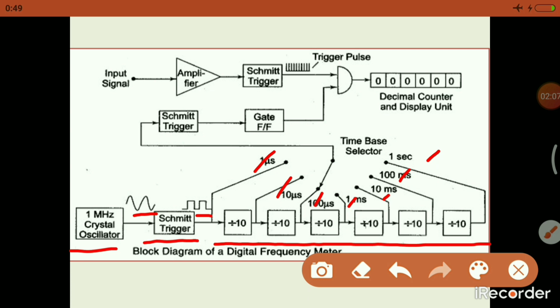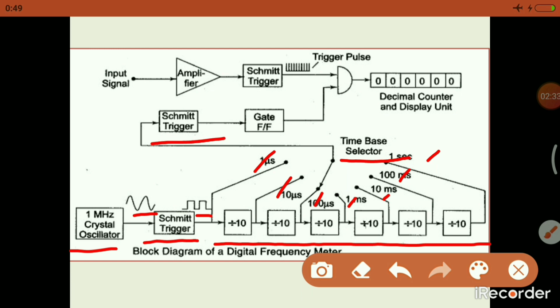If you select the appropriate range for the corresponding input signal, then we'll get a better result. That's why the time base selector is used here. So for accuracy, this divider and time base selector are used in the circuit.